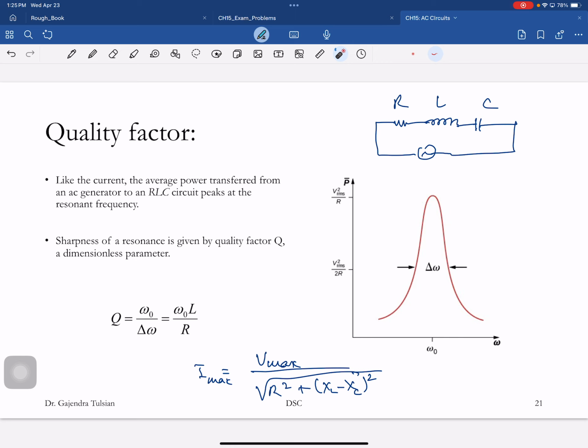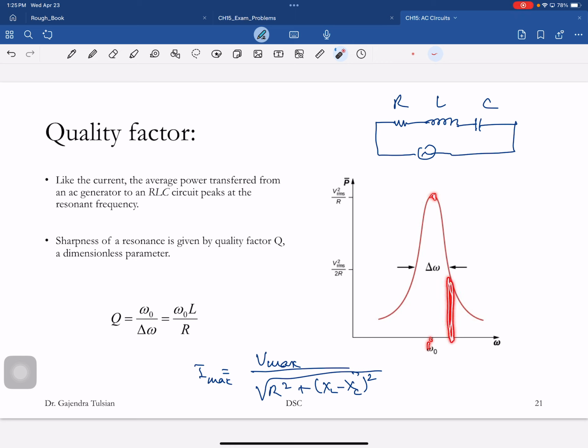And current is maximum, and maximum power is being delivered. Okay, and the quality factor shows you, as you move away from that frequency, how fast the power delivered falls off. Okay, and this is important for tuning circuits because if instead of this source, it's an electromagnetic wave that is coming, for a particular frequency you have the strongest signal, and any nearby frequency doesn't give you much power delivered.